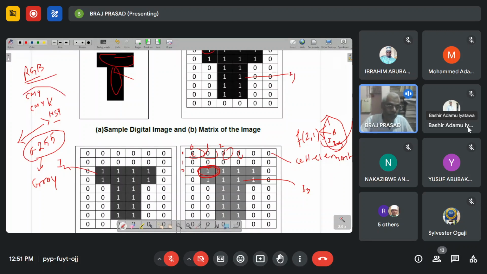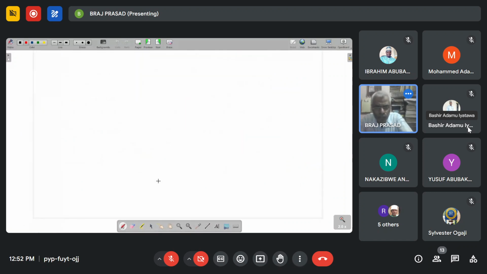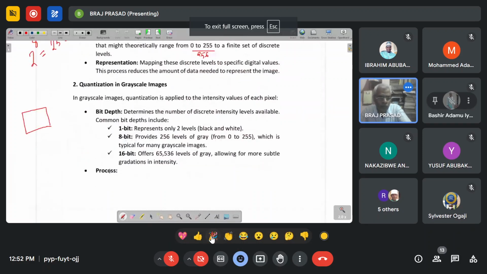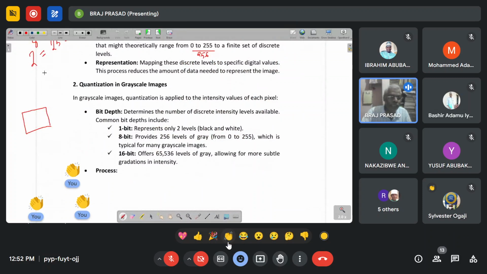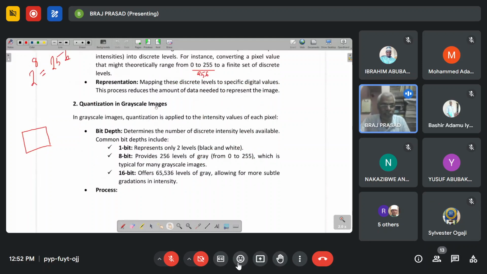It is mentioned in block 3, and questions always arise on these topics, so you must go through that block. So quantization, bit depth, and this is the concept related to different colors or image color.